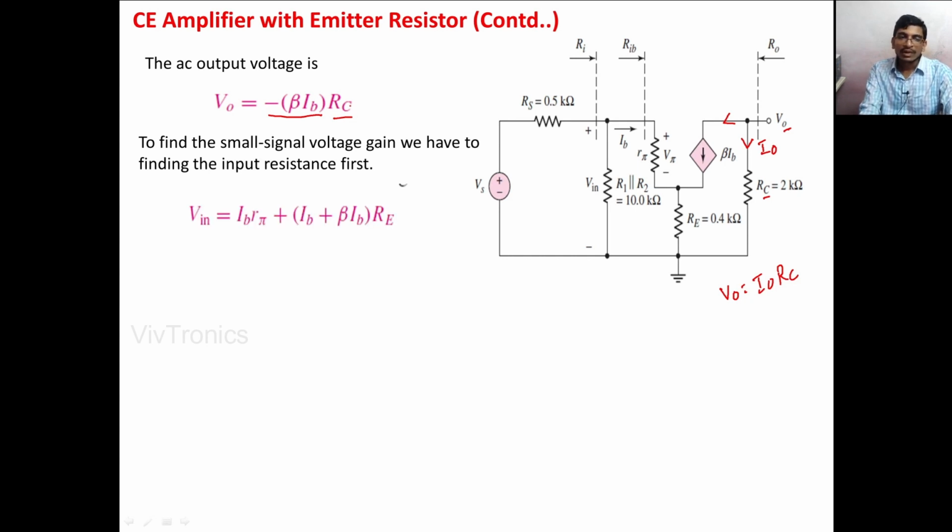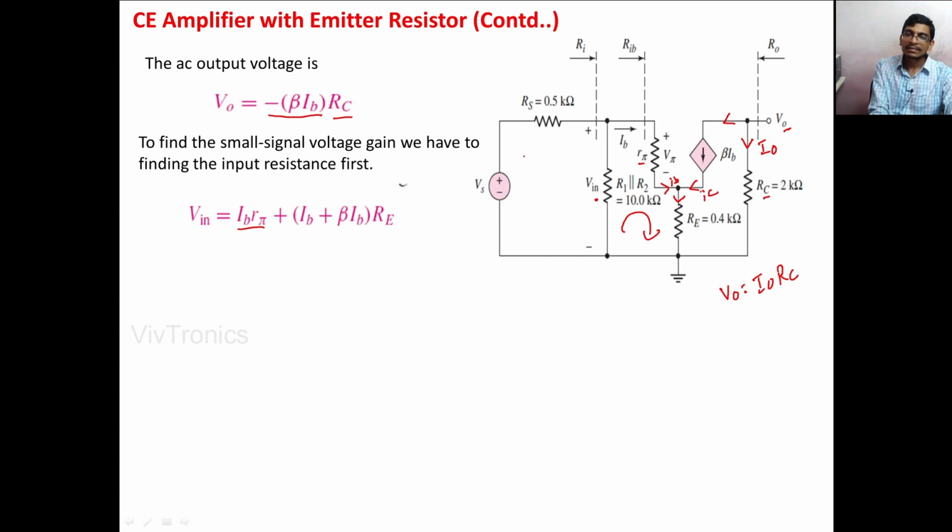So we are going to apply KVL in the input side loop. In the input side loop, the voltage across this R1 parallel R2 combination is Vi, which is equal to the voltage drop in the R pi resistance, which is IB into R pi, plus in the RE resistance we are getting two currents. One is the base current IB and another one is the IC current from the collector terminal.